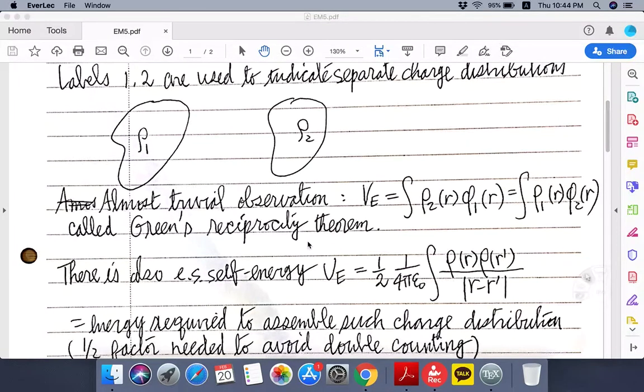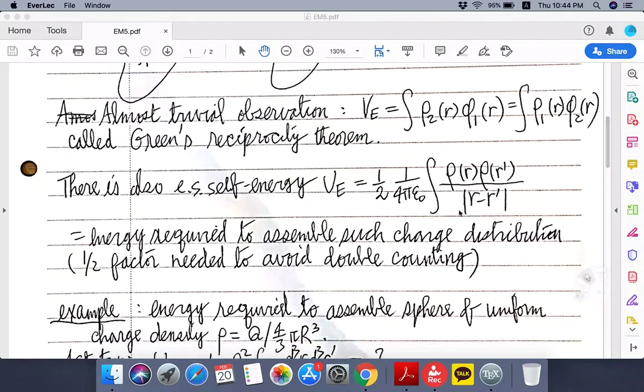But if you have only one object which is charged, and that object is described by the charge density function rho, then you can write down this sort of energy function where both rhos pertain to the same object. And just to make sure that we're not double counting the energy, there has to be this factor of 1/2, because as you integrate both over r and r prime, you're counting the same pair of charges twice, and you don't want to do that when you evaluate the energy. So that's why you have to put in this 1/2 factor explicitly.